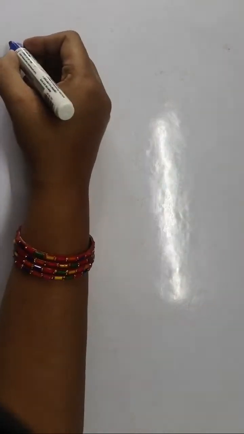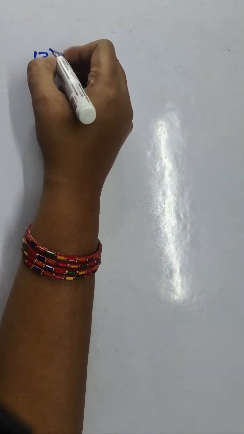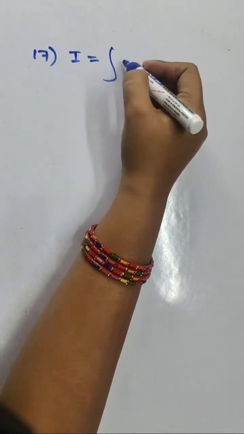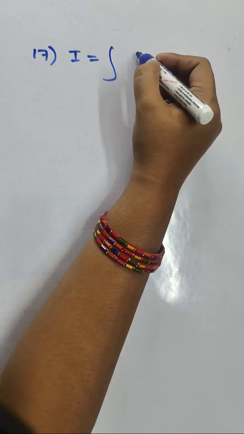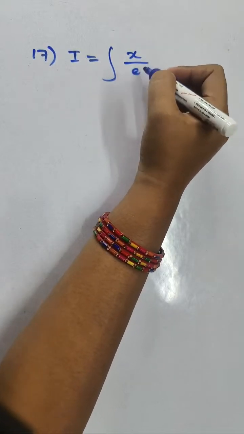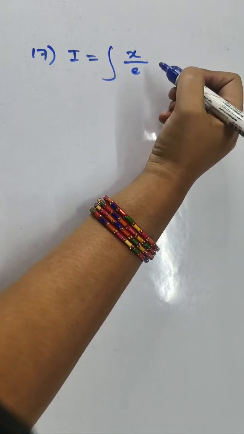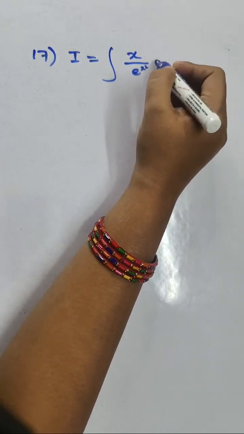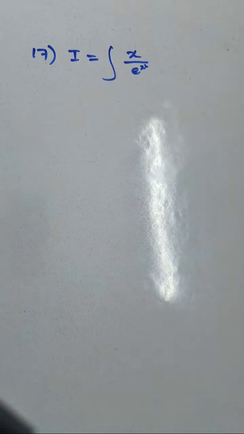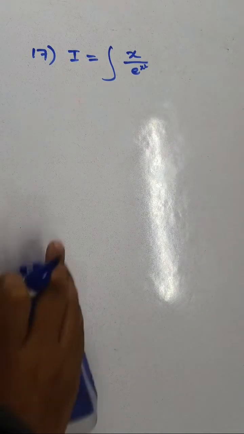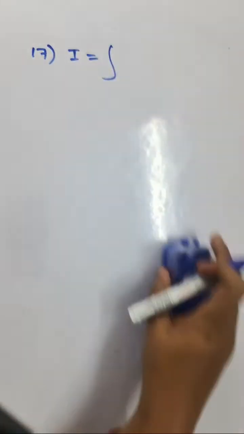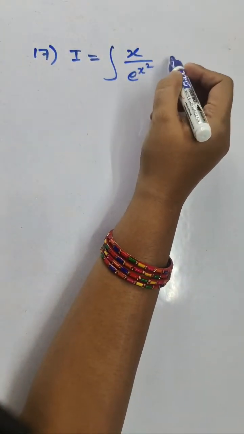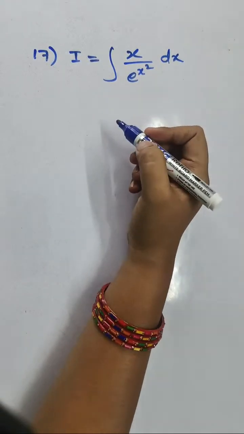question number 17. As usual, we'll take I as the integral given, x by e power x square dx.